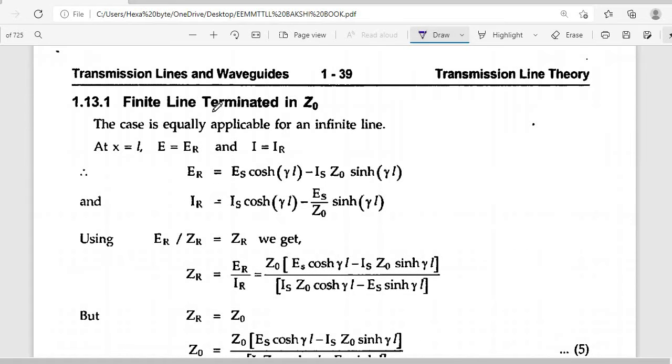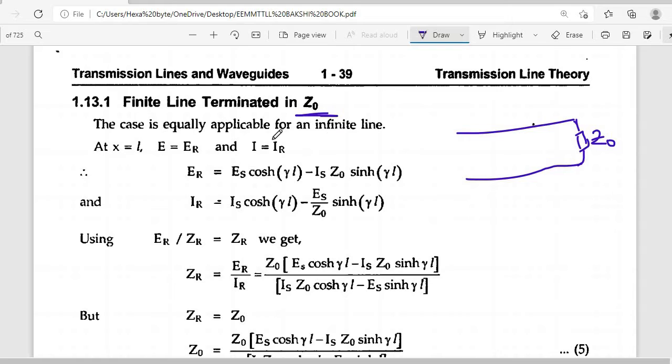This is the finite line, terminated with the termination in the sense load, Z0. So what does it mean? Terminated with Z0 in the sense that whatever the characteristic impedance of the transmission line is, that is only terminated. That is the meaning.